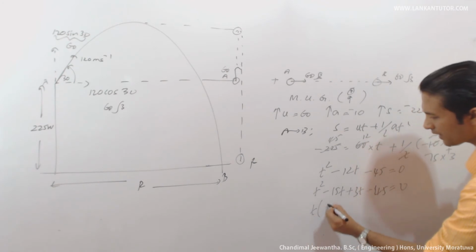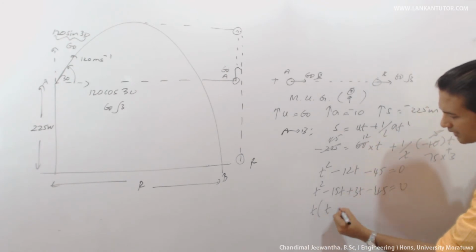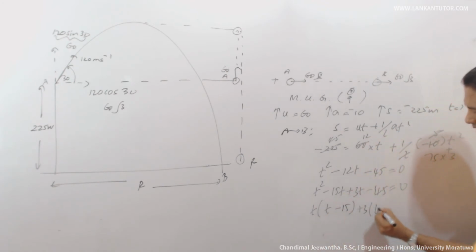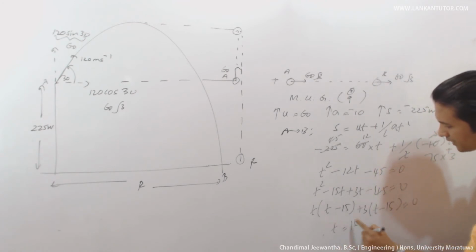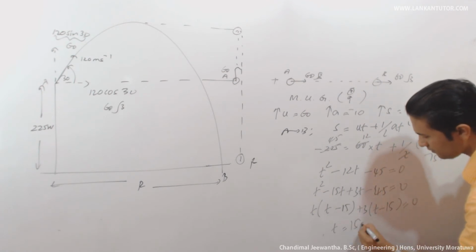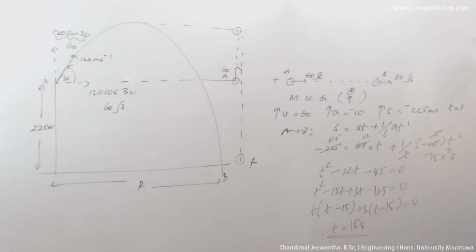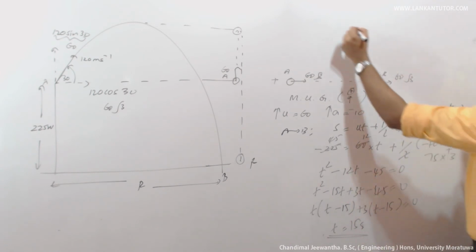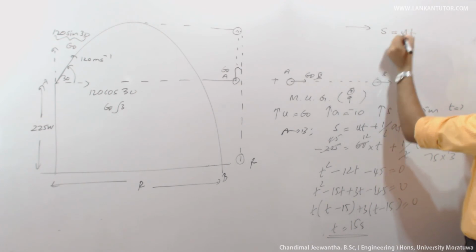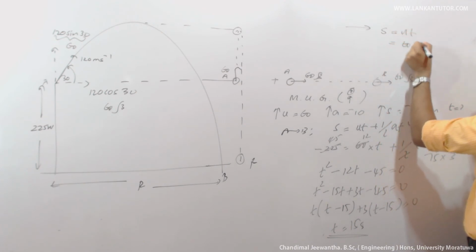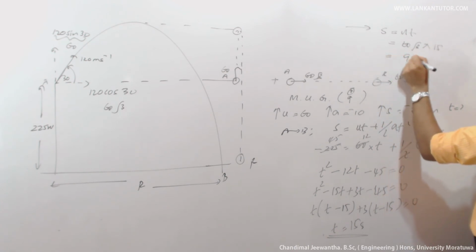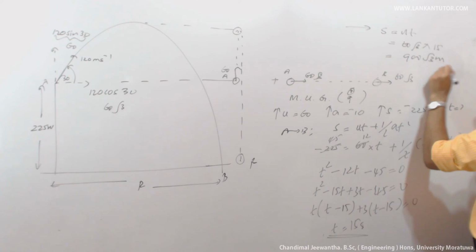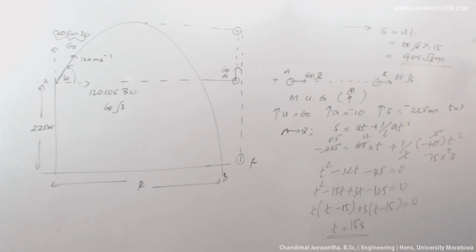Then t can be taken out as a common factor, t minus 15 into t plus 3, so t equals 15 seconds. Then you can find the horizontal range using S equals ut, u is 60 root 3 into 15, that is 900 root 3 meters. That's all.